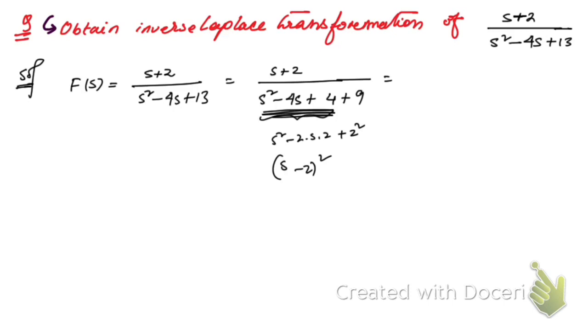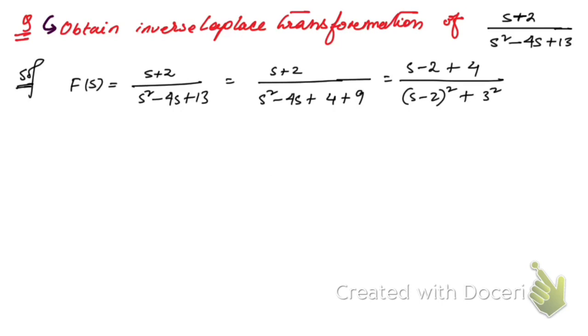So let's do one thing. Let me make it s minus 2 plus 4, right? Let me make it this way. And here you see, so here we can write s minus 2 whole square and plus this 9 can be written as 3 square, right? So now let me clean this part.